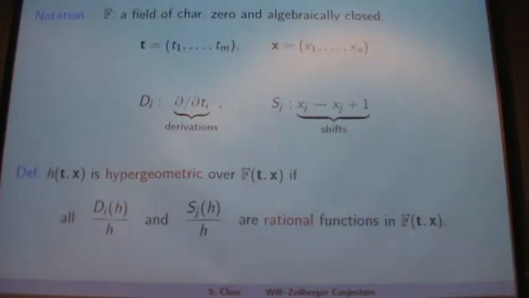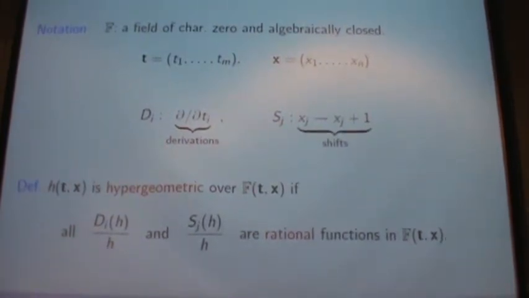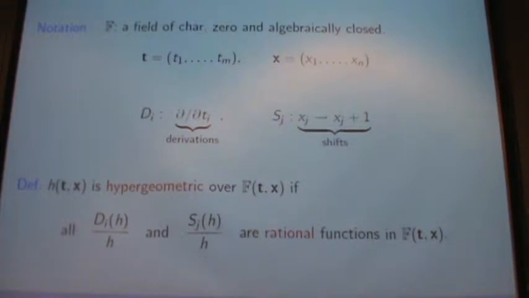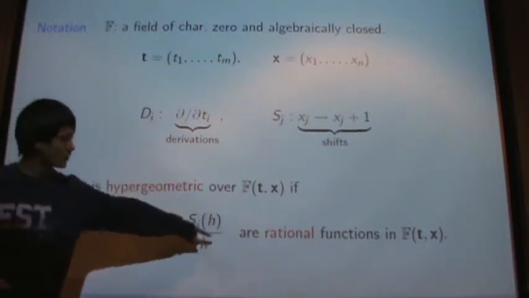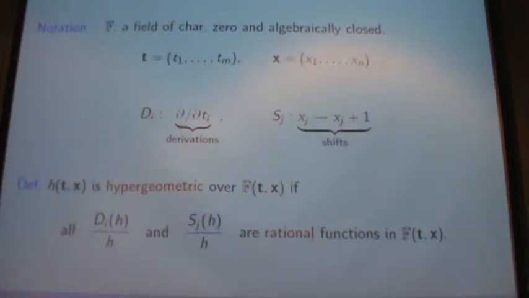First, by a hypergeometric function of several continuous variables t and several discrete variables x, we mean this: if you take the logarithmic derivative of h with respect to the continuous variables and take the shift quotient with respect to the discrete variables, they are all rational functions.